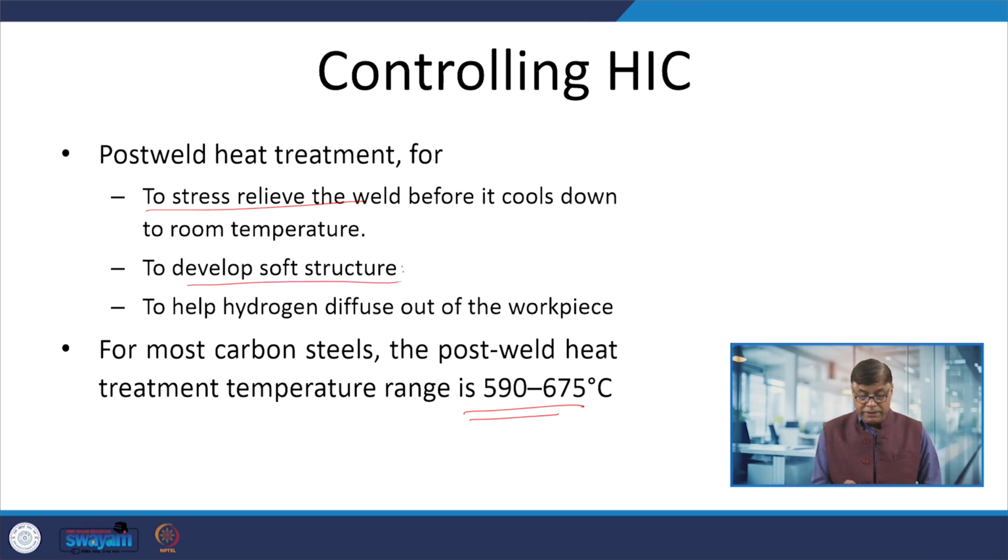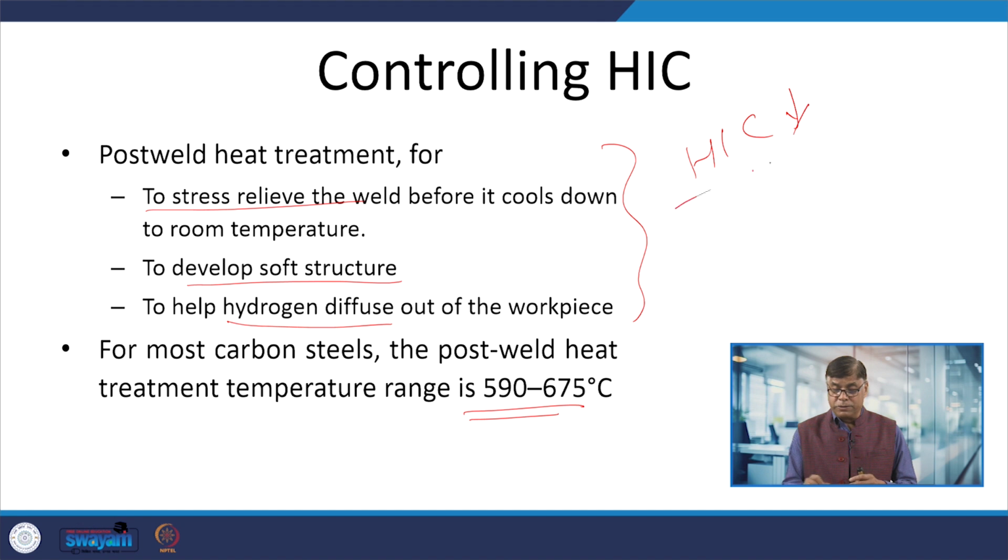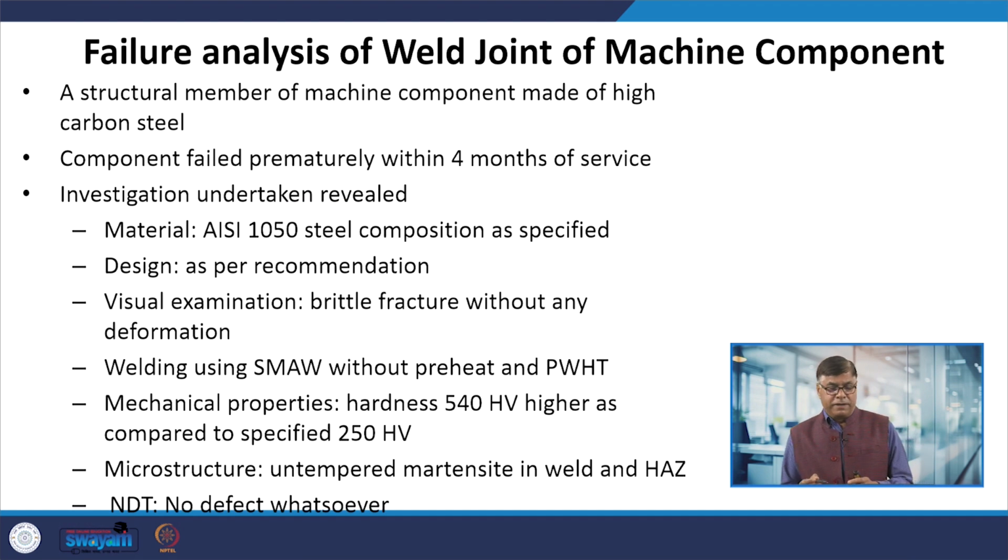Then it will induce the soft phases, martensite will be tempered. And exposure at high temperature will help to diffuse out the hydrogen from the heat affected zone and also the weld metal. So, these three things are achieved, and all these three will be helping to reduce the hydrogen induced cracking tendency.